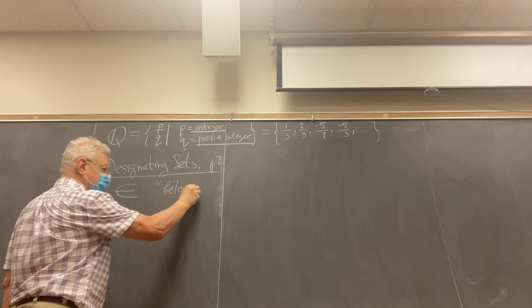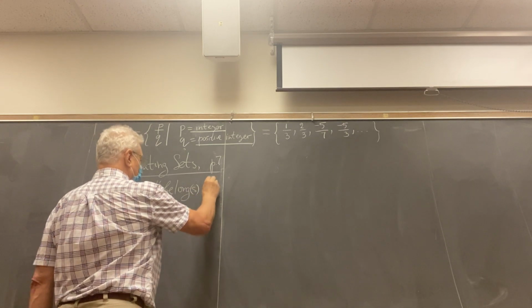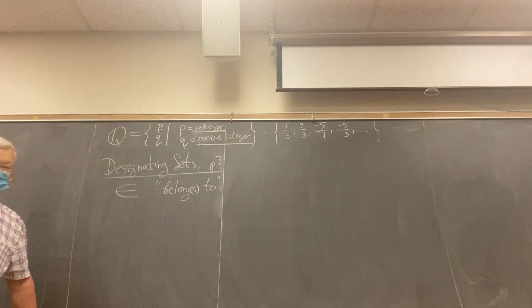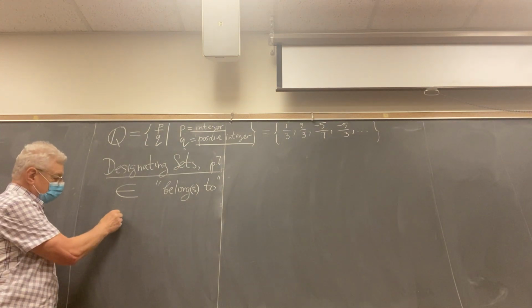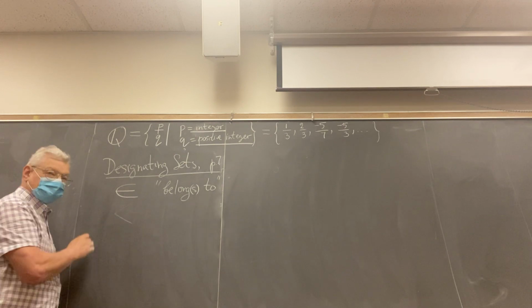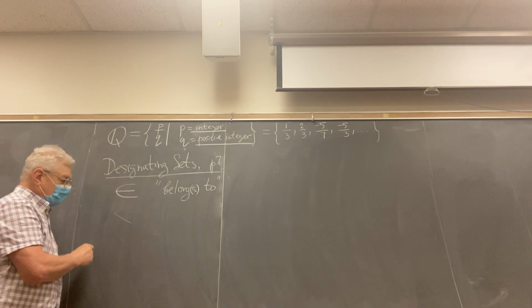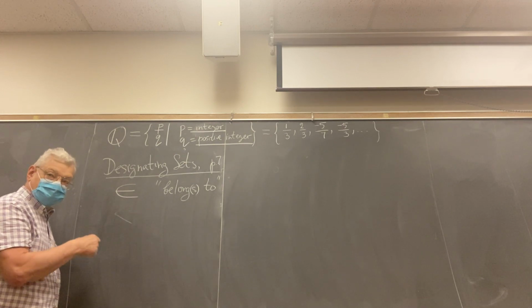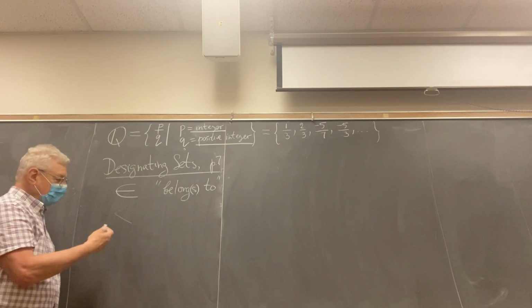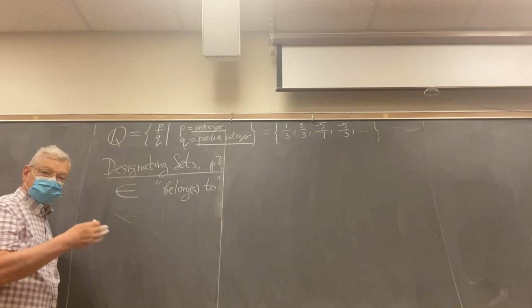So let me just write in parentheses, belongs to. Now, it looks like an arrow. And an arrow, if you raise this one, looks like an inequality. The designation of inequality came from the arrow. The arrow shows which one is smaller than the other.